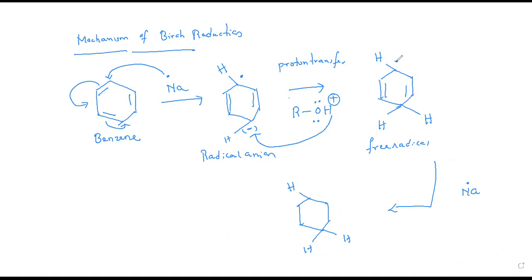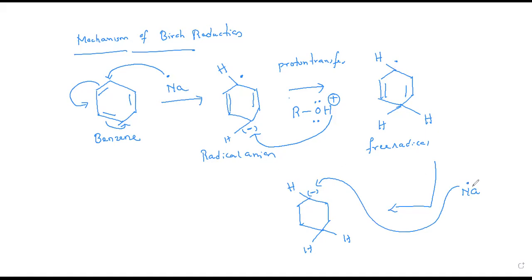So far it has only one electron. This sodium is going to donate another electron here to get a negative charge. Because when you have a pair of electrons, it is easy to form a bond. With a single electron, bond formation does not take place.